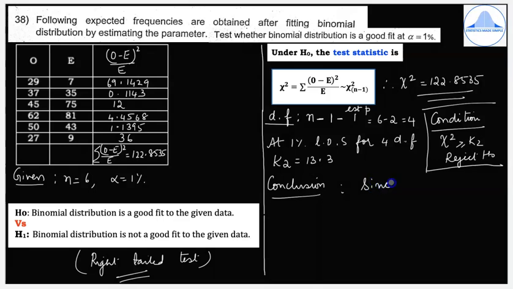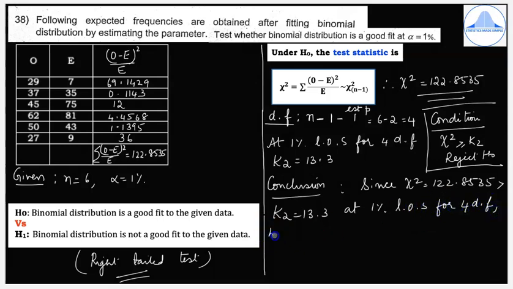Since chi-square is equal to 122.8535, this is greater than K2 equal to 13.3 at 1% level of significance for 4 degrees of freedom, we reject H naught.